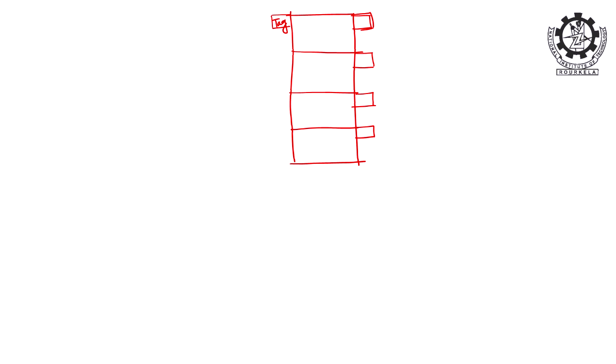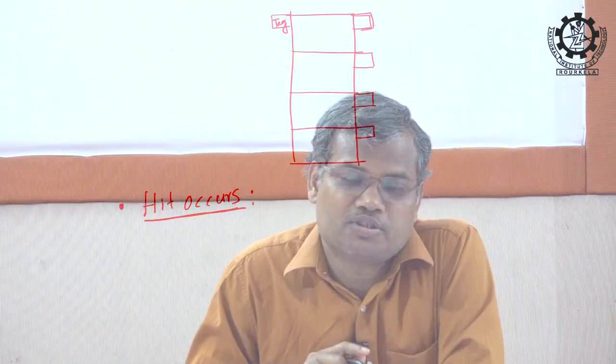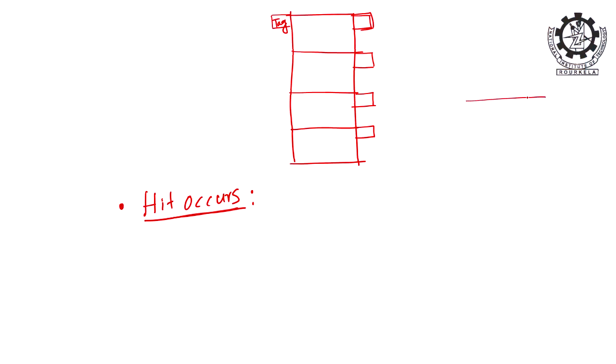Number 1, if a hit occurs, that means the block which the processor wants is within the cache memory. That is called a hit. Processor, as I said, will generate the address of the main memory.